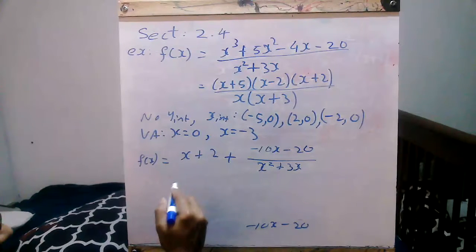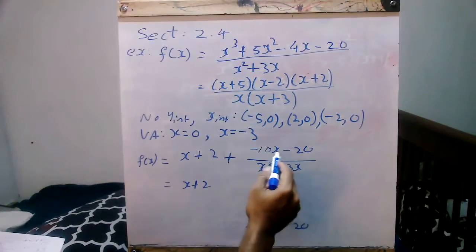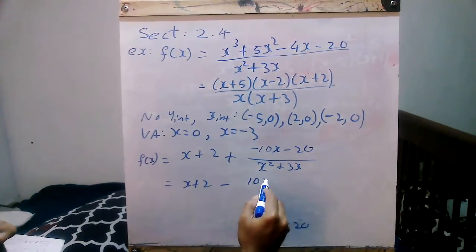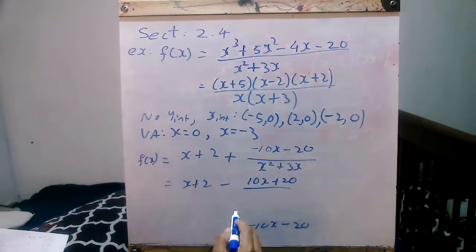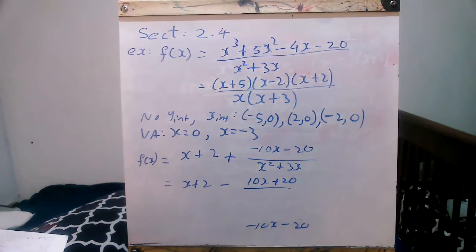Same thing we can write as x plus 2, and if you take the negative sign out, negative (10x plus 20) divided by x squared plus 3x.